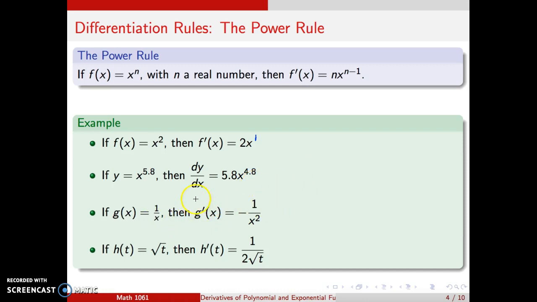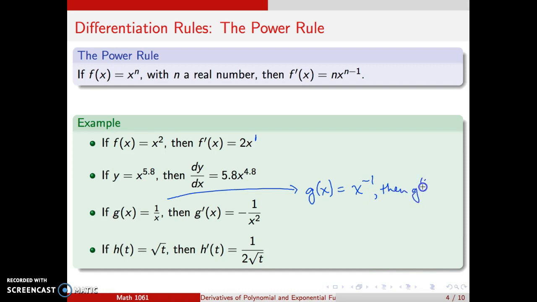Same idea here. What you might do, you might find that writing it in this exponent notation rather than this kind of fraction notation makes it a little easier to use the power rule. So you might, until you get used to it and you start doing it a little bit faster, have these intermediate steps of writing it like that.